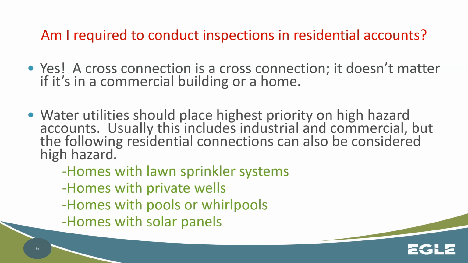Homes with solar panels. Okay, we had a little bit of a discussion about this earlier. Older solar panels used to use water, newer ones don't. Or some people in summer months here use solar exchange systems, which have water in them. They heat up and they use that water in a heat exchanger.